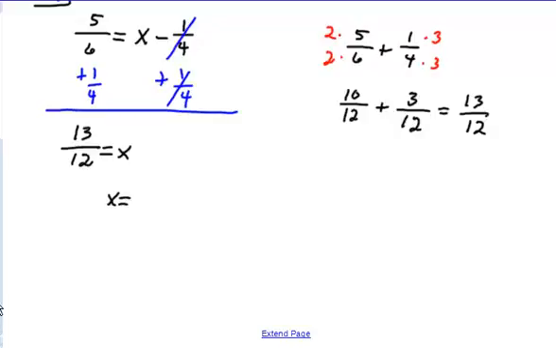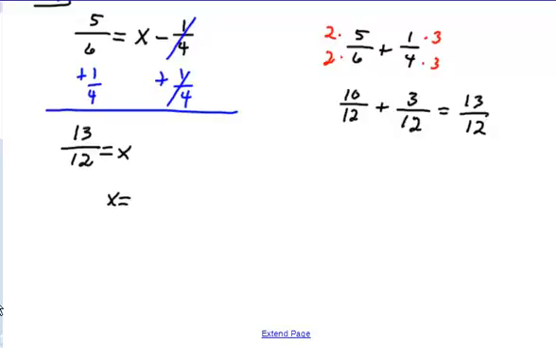Oh, so why did I add 1/4 to both sides instead of adding 5/6? Well, it's because if I'm solving for x, my overall objective is to get x by itself. So see how the x was over there with the 1/4?